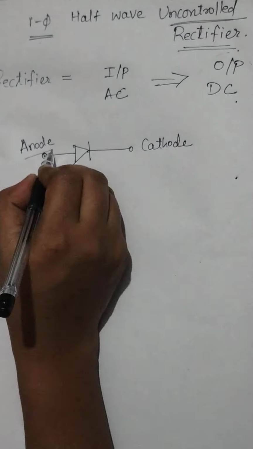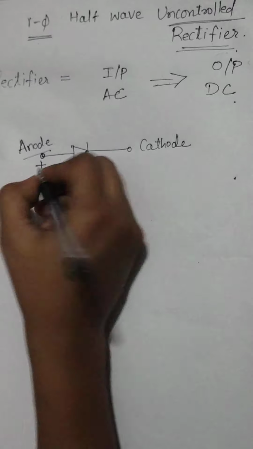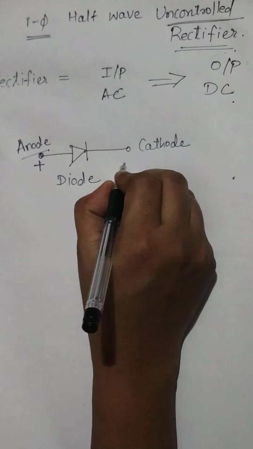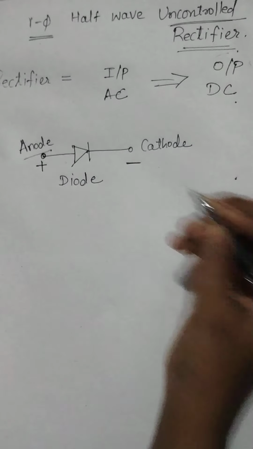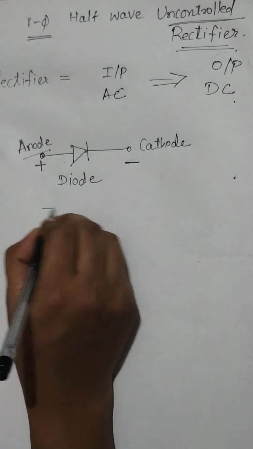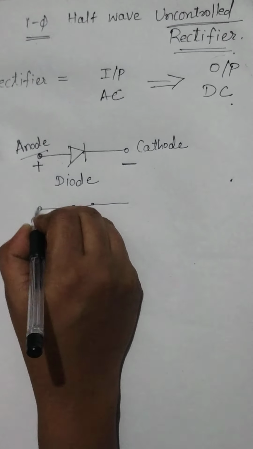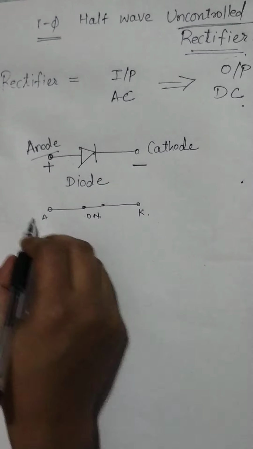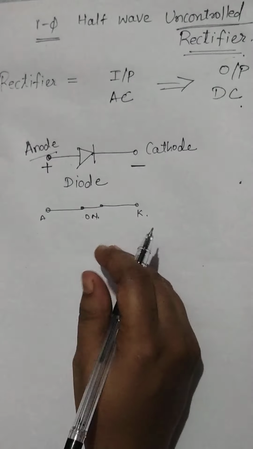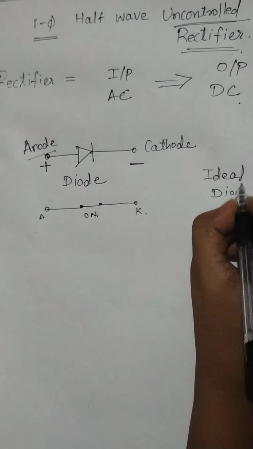At the anode side of the diode I will apply higher potential, and at the cathode side I will apply lower potential. Then diode will work as an on switch. It will easily pass the current. This is the condition of ideal diode.